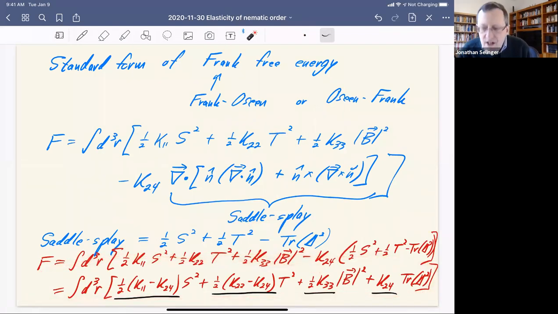And it's an expression that I love because it looks like the sum of squares of things, right? It looks like there are 4 elastic modes and each of them costs some amount of free energy. And that's what an elastic free energy normally looks like. So that's why I love this expression.